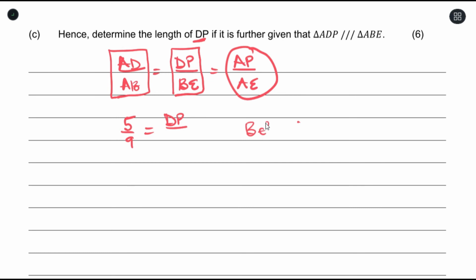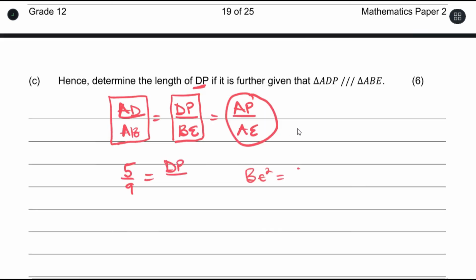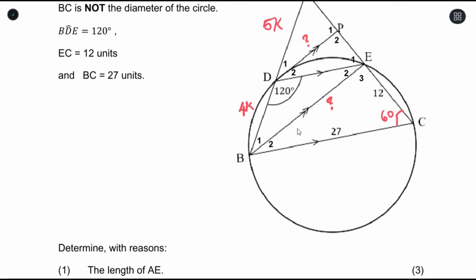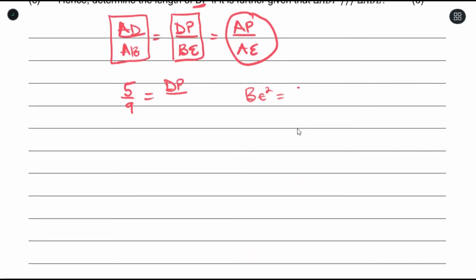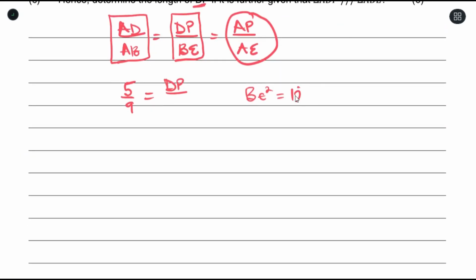BE squared is equals to 12 squared plus 27 squared minus 2 times 12 times 27 cos of 60. Putting all this in the calculator, let's see what we'll get.